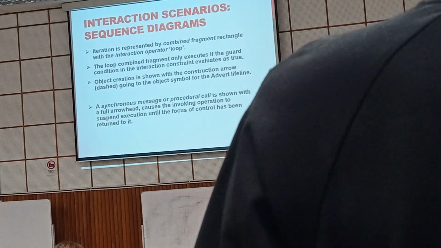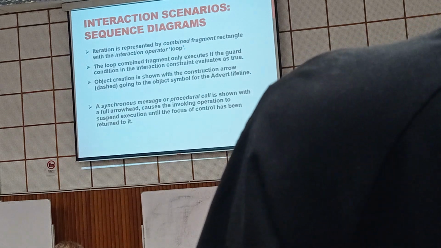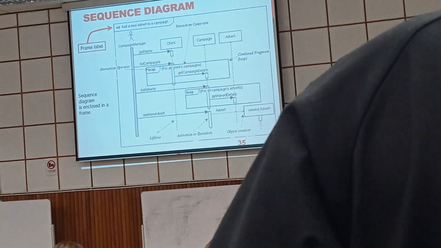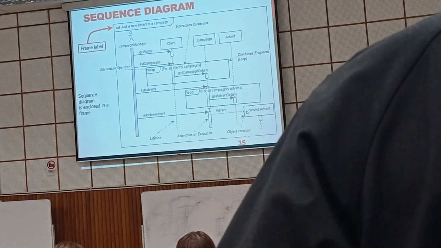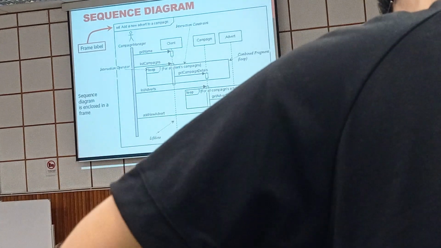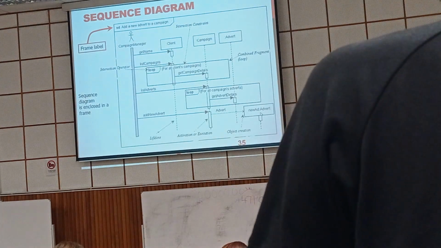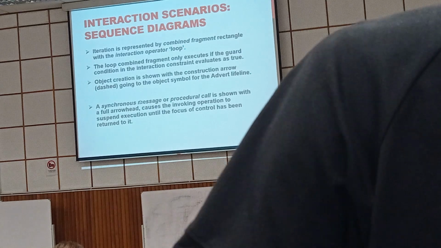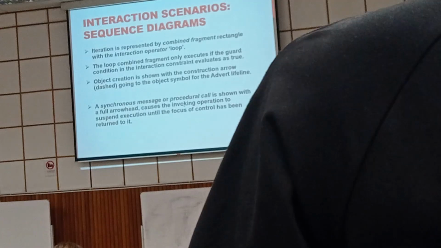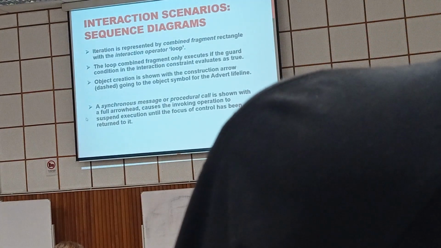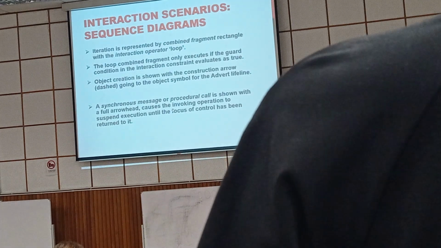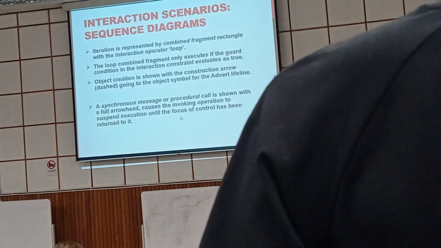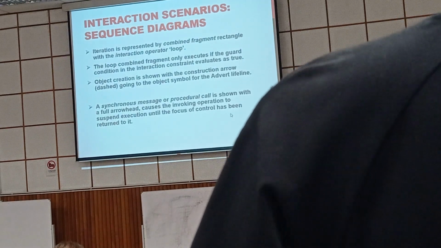Then object creation is shown like this, at the point where it is created. Synchronous means at the same time. A synchronous message or procedural call is shown with a full arrowhead, and causes the invoking of an operation, suspending execution until control has returned.